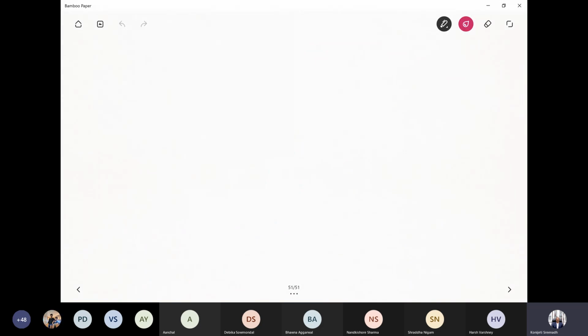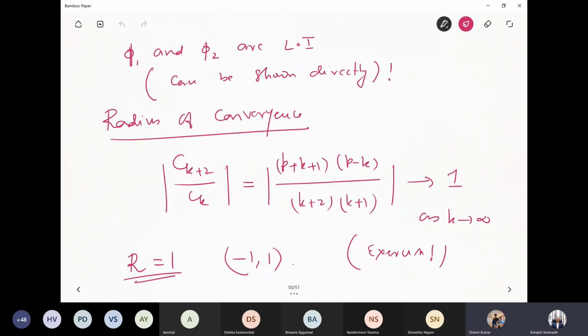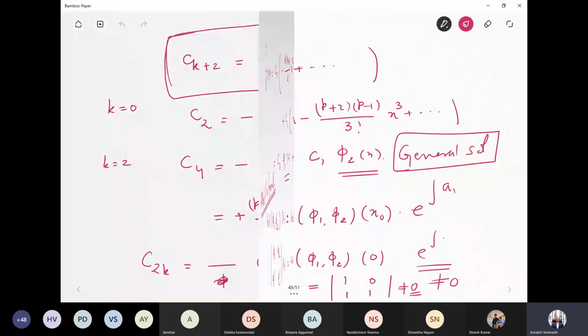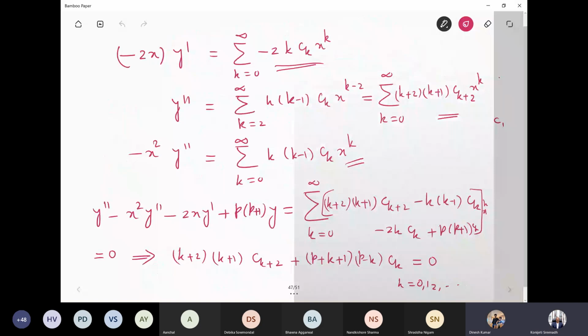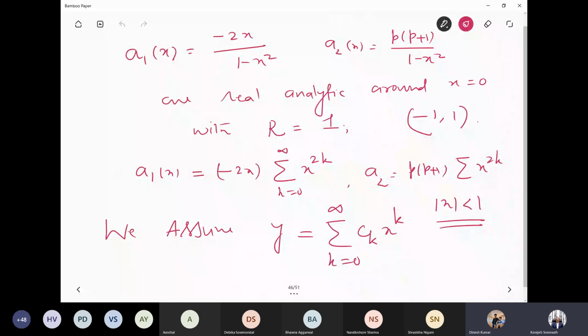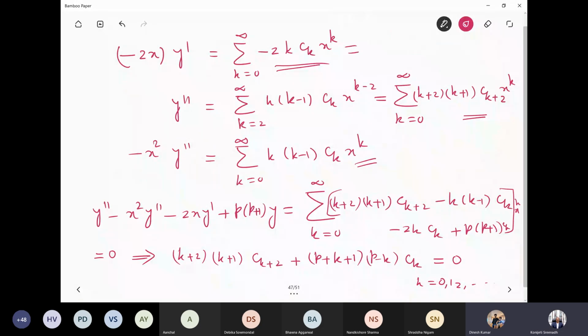Hello sir. Yes. Sir, in the middle you have written minus 2x. Sir, for the minus 2x times the sum, k varies from 0 to infinity, shouldn't it be 1 to infinity there? What happens if I write 0? Even if I write 0 there, what happens? Yes sir, in the first line k varies from 1 to infinity. Now I write k equals 0 to infinity. Expand it.